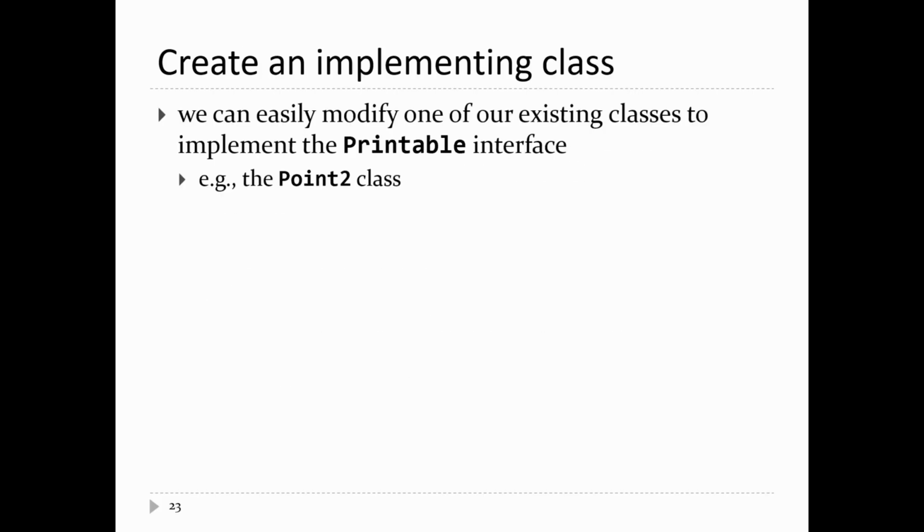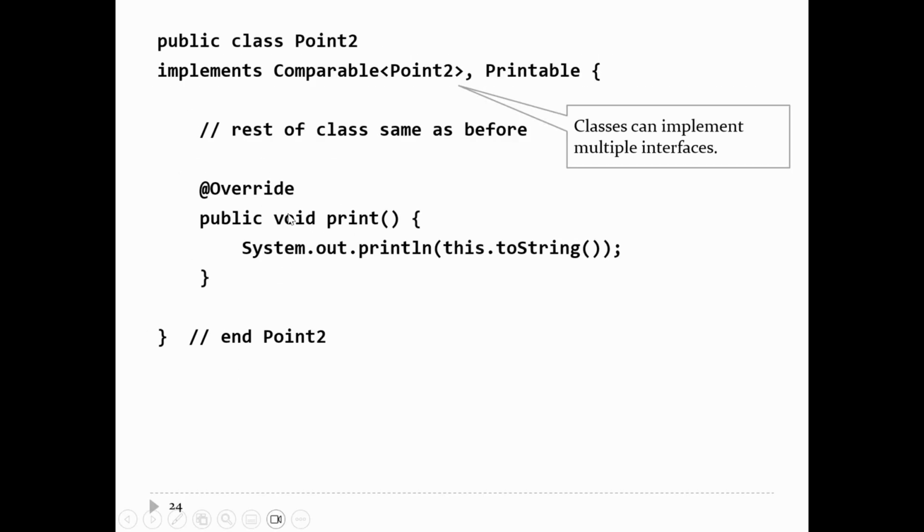Okay. So now, how do you use the interface? Say I'd like to be able to print points. I can print a point by implementing the Printable interface. So go into your Point2 class, do a little bit of surgery, and say it now implements the Printable interface.